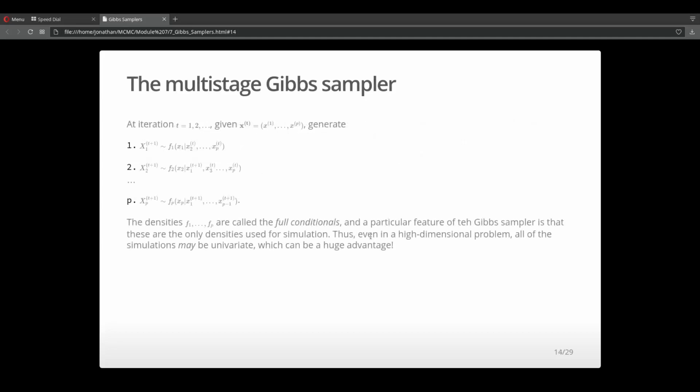The multi-stage Gibbs sampler works by simply taking some initial starting values and sampling from one conditional distribution, then using those values to sample from another conditional distribution, and doing this over and over again until we sample from every single conditional distribution. Then we rinse and repeat. Once I'm done here, I go back all the way to the top and sample from that very first conditional distribution using all those updated samples.